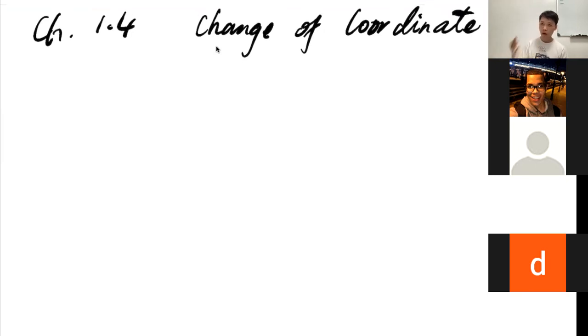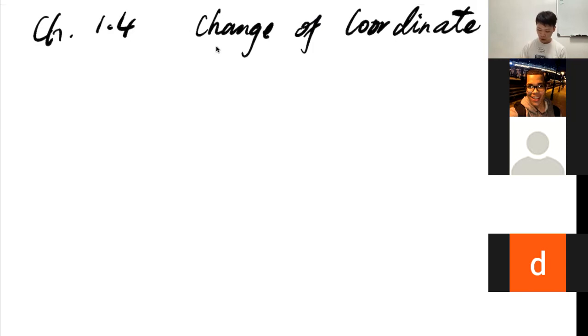Remember in Cal 1, or even pre-calculus, you encountered changing your XY plane, the Cartesian coordinate system, to the polar coordinate system. In that way, certain functions become easier to visualize.